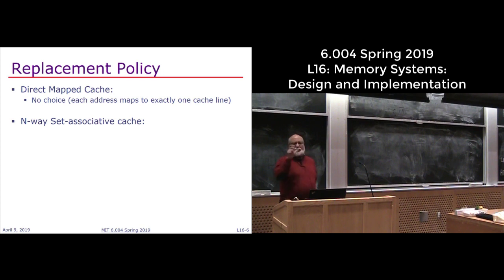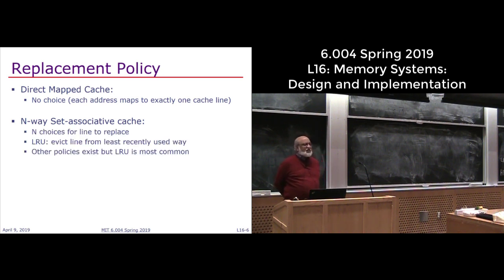An address can go into any of the cache ways you have over there, and the moment you have a choice, that means you need to choose which line to replace in case you have to throw out something, and therefore you have to evict some line. Which line to evict? Often we hear of least recently used, LRU. If some line hasn't been used recently, throw it out. Or lines that are used, keep them in the cache if possible.